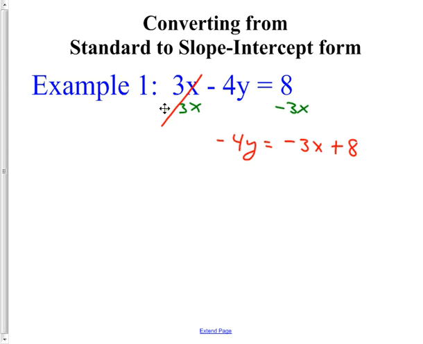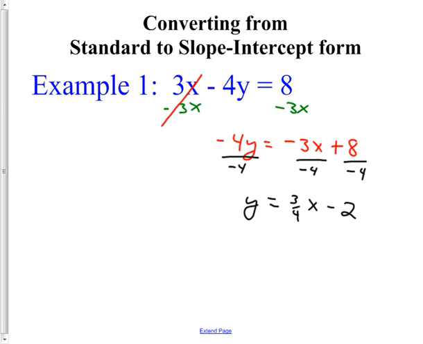Again, in an ideal world, if you had tons of space, you'd divide by negative 4 on each spot, but you don't have to show that. You do have to show this: y equals, and the negative 3 and the negative 4 cancel to make positive 3/4 x minus 2.